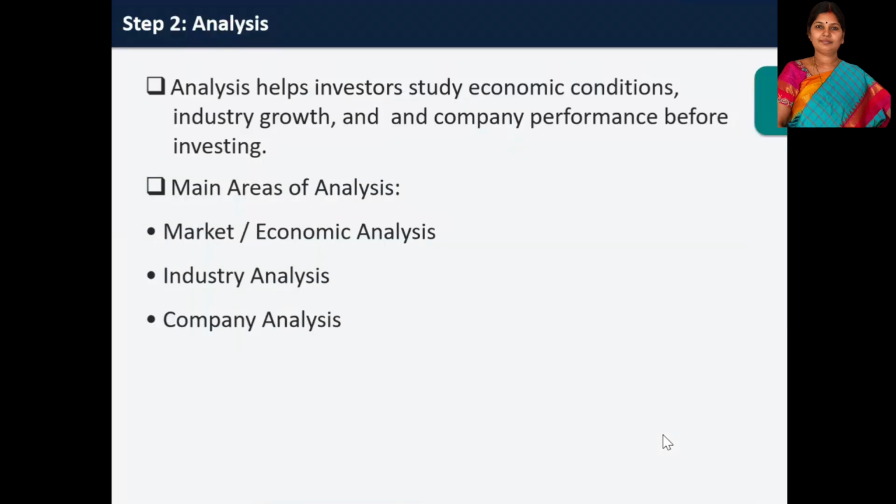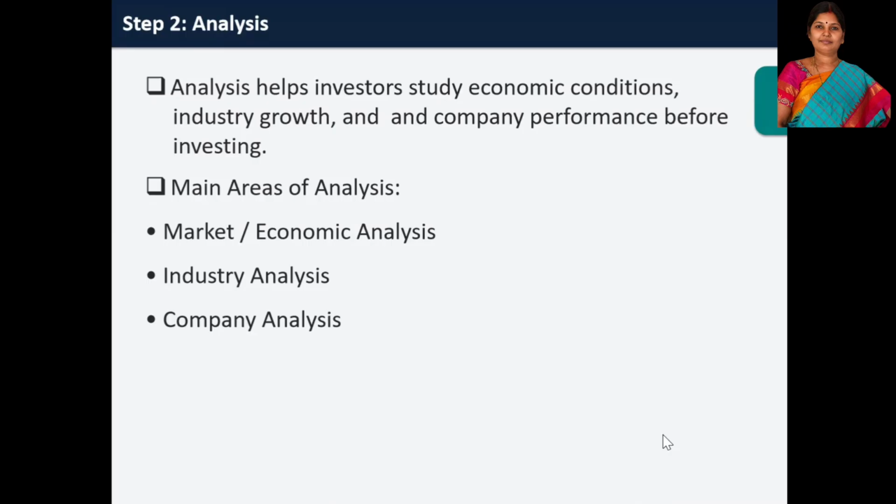Now coming to the second step, analysis. Here we will analyze economic conditions, industry growth, and company performance before investing. Analyzing economic conditions is called what? Market analysis or economic analysis. And analyzing industry growth is called what? Industry analysis.